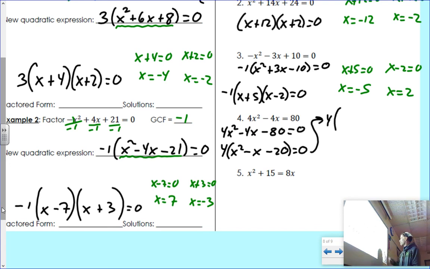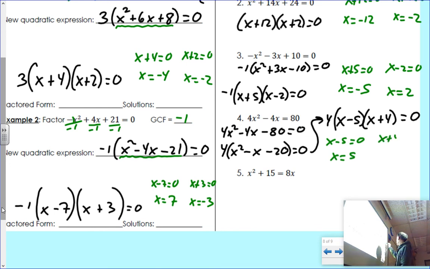Remember, the 4 kind of comes along for the ride. So what multiplies to negative 20 and adds to be negative 4? You factored your negative 5 and positive 4. So your solutions are 5 and negative 4.